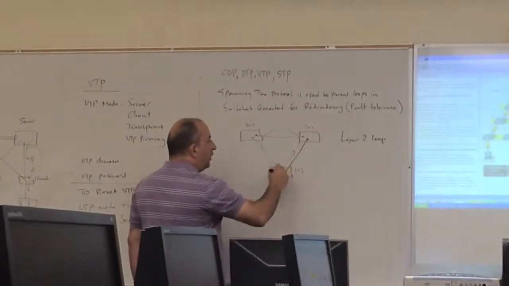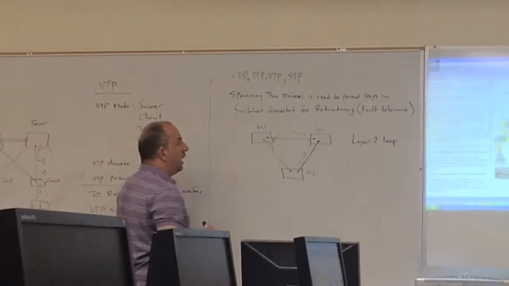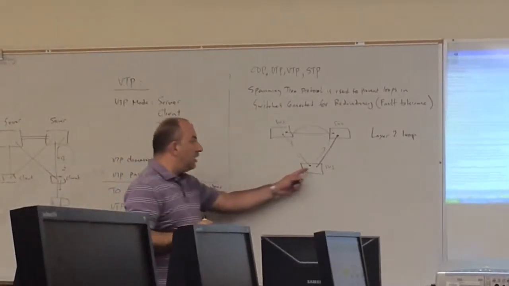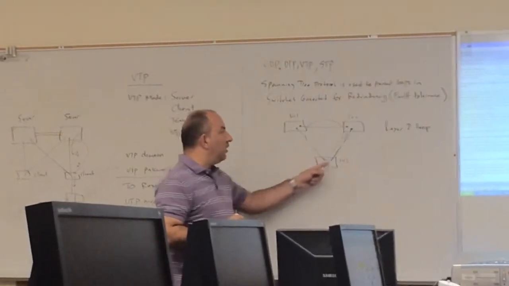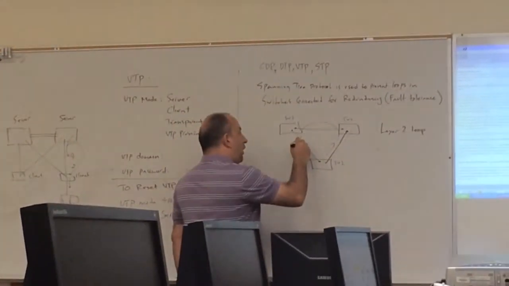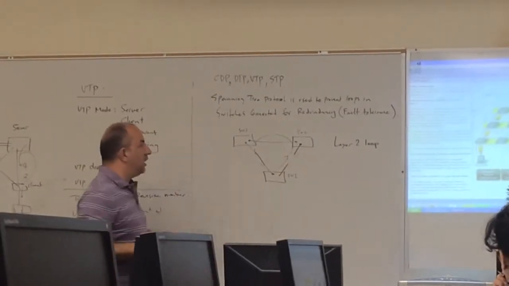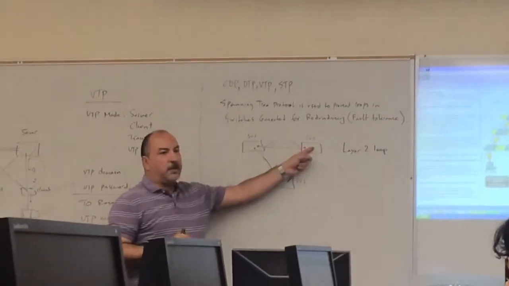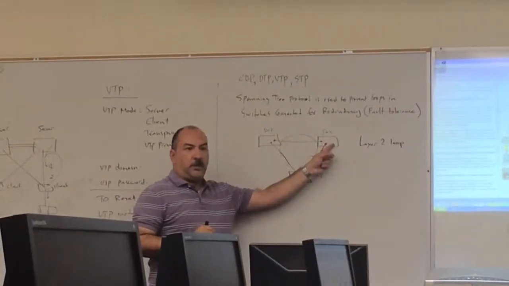Let's say for some reason this cable got disconnected. Can this switch talk to this one? Yes, it can. It goes this way and then that way. Okay? So that's why we have this redundancy. Now, if this cable disconnected, can this switch talk to this one? Yes, it can. It's going to go to switch 3 and then go to switch 2.